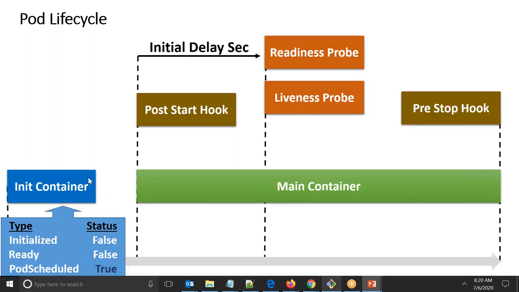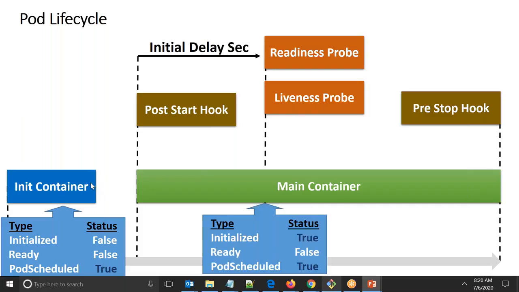Okay, so that's what we have seen. And only when it is creating the main container, and if you have a liveness check that you have defined, and if it is successfully completed, only then it will be calling it as initialized true. Until this place, it will be just mentioning it as pod scheduled.